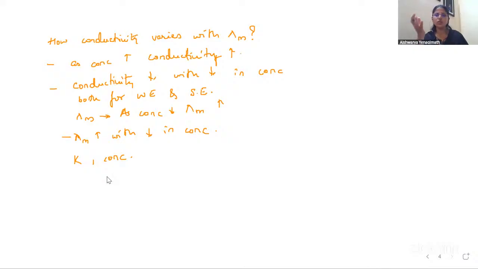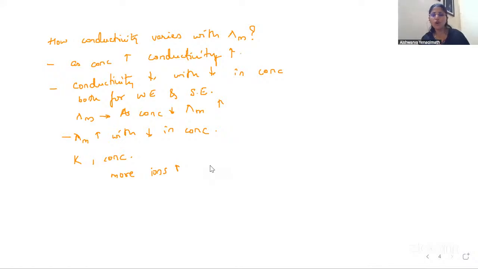So if you go on concentrating the solution, there are more ions. When there are more ions, they are current carriers. In case of electrolytic or ionic conductance, more ions contribute to more flow of current.